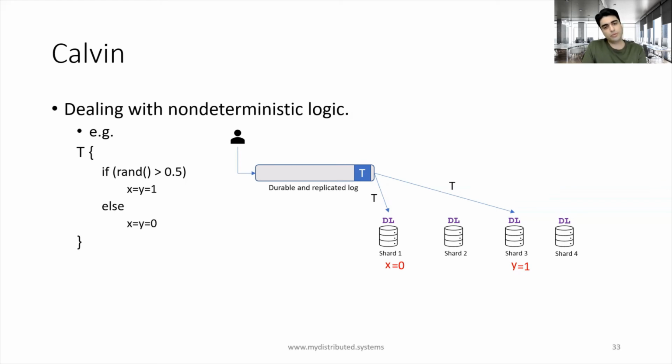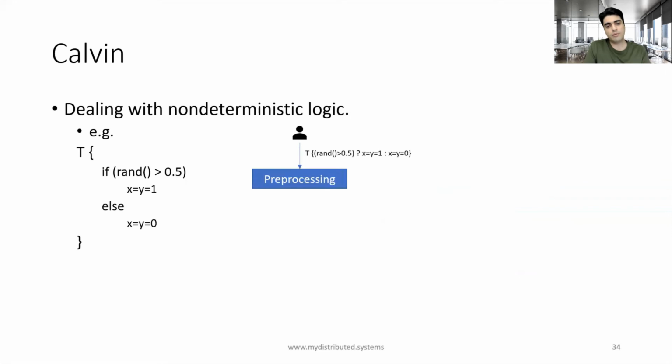The Calvin solution to this problem is that we should have a pre-processing layer that checks the code of the transaction and removes all sources of non-determinism. Here, when the preprocessor sees that we are generating a random number, it replaces the random number with an absolute value, suppose 0.8.